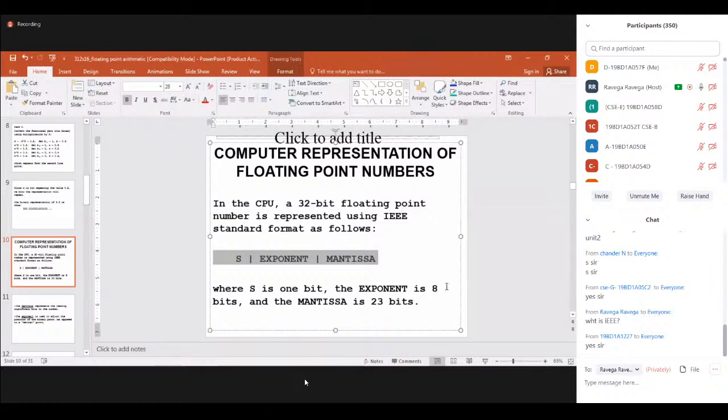So IEEE is nothing but Institute of Electrical... Please note that one. Yes, 8Q, you have given the correct answer. Good.